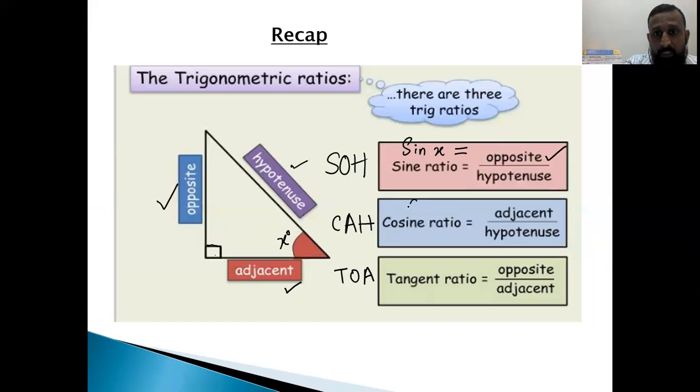So cos of this unknown angle x degrees equals adjacent upon hypotenuse. The last one, TOA, T-O-A. T stands for tangent, O stands for opposite, and A stands for adjacent. So when I apply tangent on angle x degrees, our ratio will become opposite upon adjacent. You can easily memorize and understand them by considering these three words, SOH, CAH, TOA.